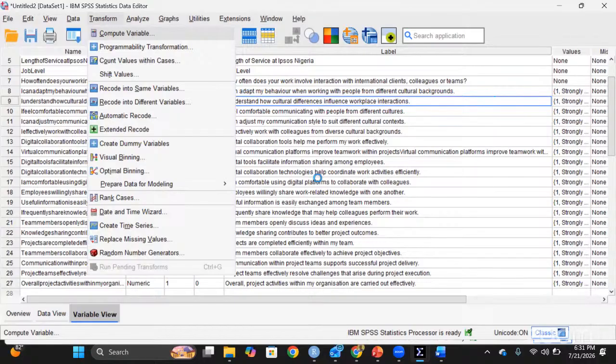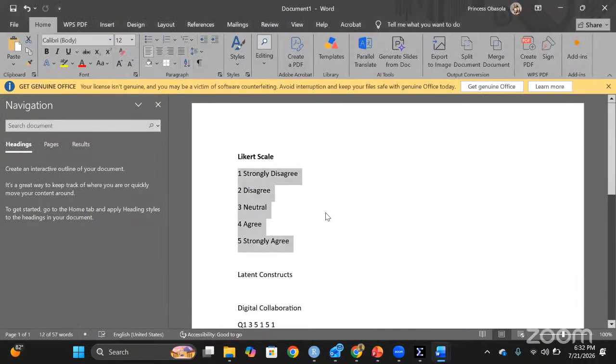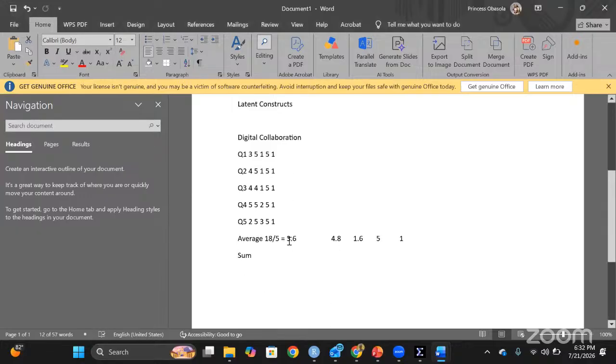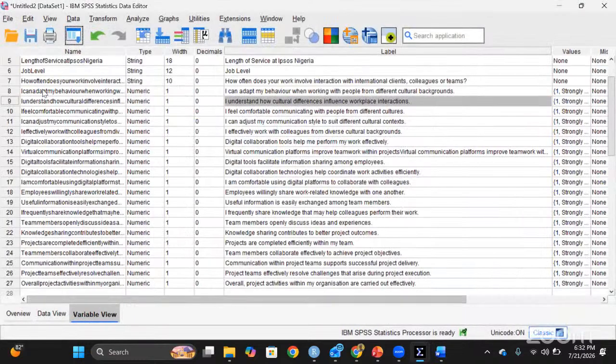Because if you look at it critically, what are we doing when we're doing these additions? We're computing these things out, right? And if you notice, each question on this, is this not a question?